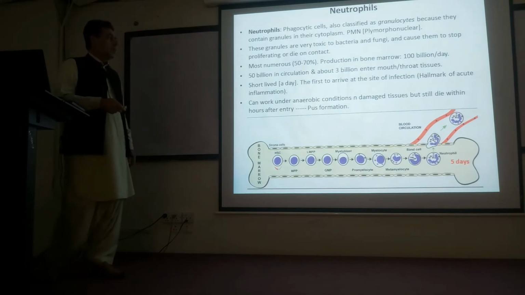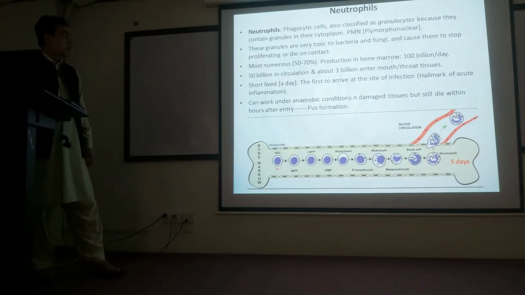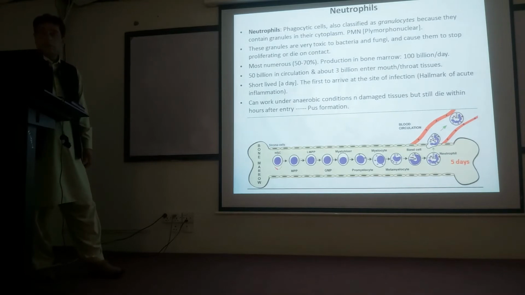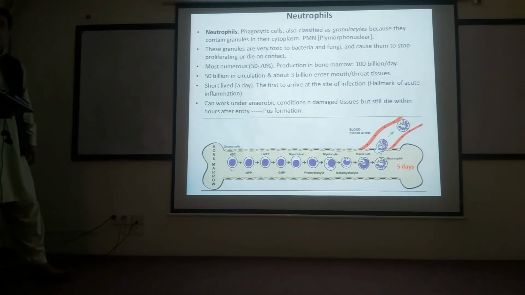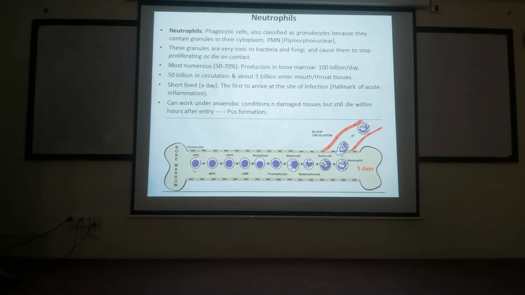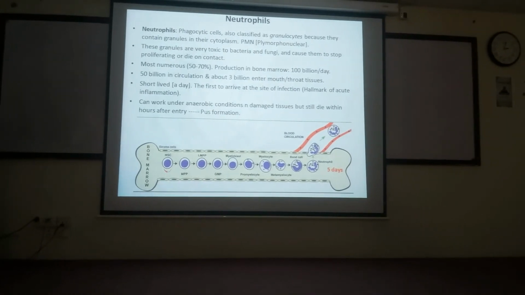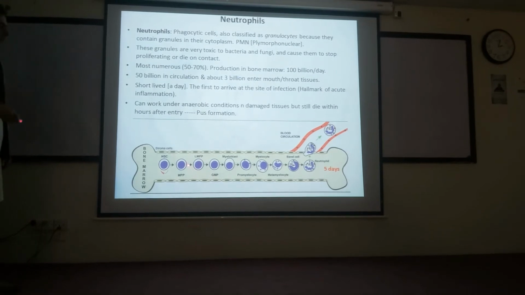Okay, so where are they coming from? Where are these neutrophils synthesized? They are synthesized in the bone marrow, and they are arising out of the hematopoietic stem cells. And this is the process giving rise to different types of cells, for instance, different types of progenitor cells.